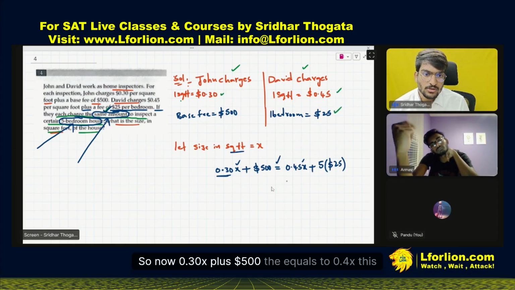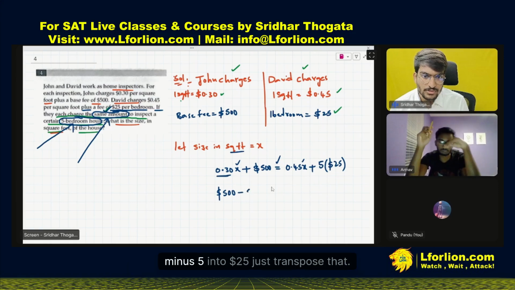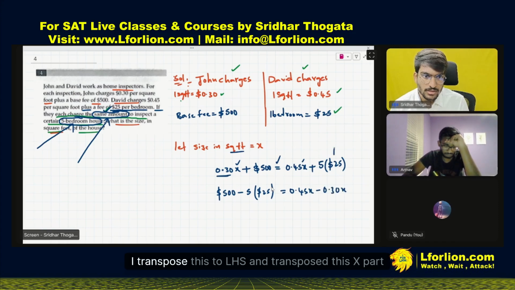So now 0.30x plus $500 equals 0.45x plus 5 into $25. So what I'm going to do is take this $500 and then minus 5 into $25. Just transpose that. So 0.45x minus 0.30x. I transpose this to LHS and transposed this x part to RHS.